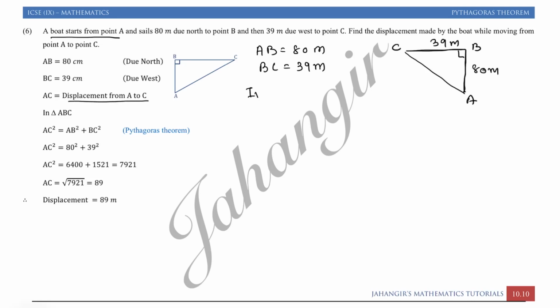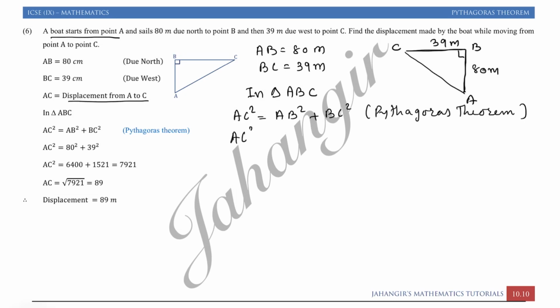So we will take triangle ABC. We can say AC is the hypotenuse, that is equal to AB square plus BC square, Pythagoras theorem. So AC square is equal to AB square, 80 square, plus 39 square. So therefore AC square is equal to 6400 plus 39 square, you can write 1521.